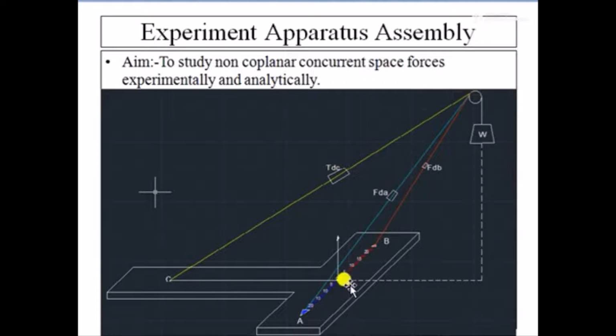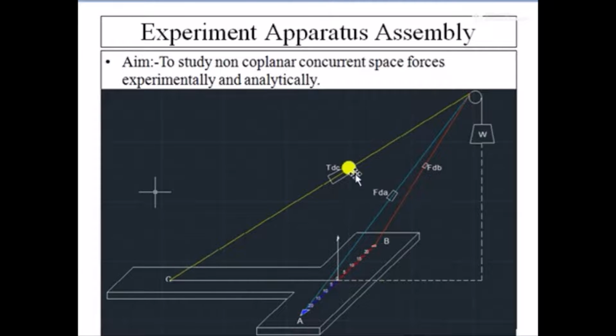So what we have done exactly is make this assembly of two rigid bars, AD, the blue color one, and BD, the red color bar, which are placed at fixed positions. There is another tie bar CD.